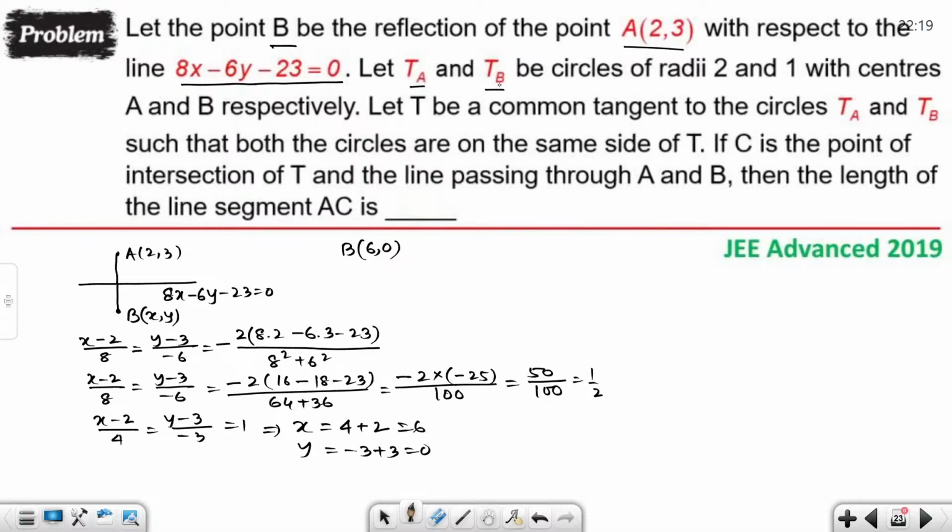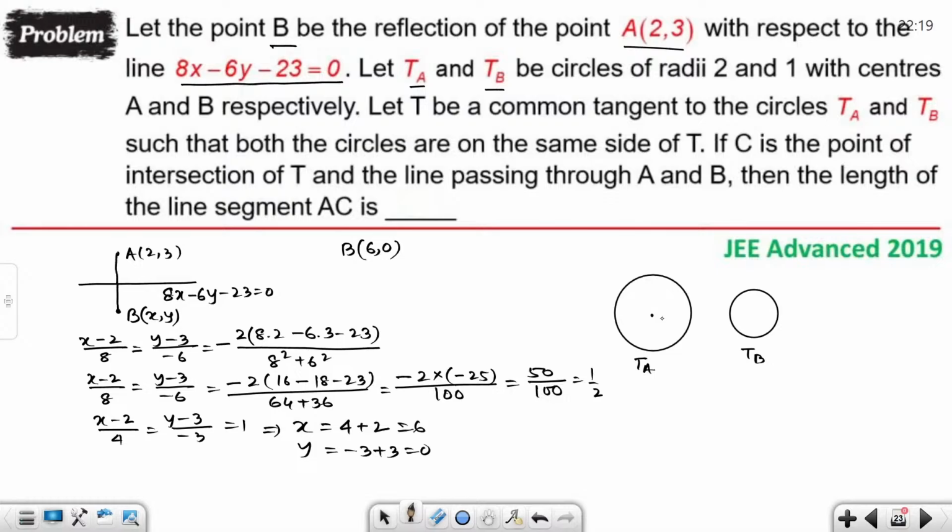TA and TB be two circles of radii 2 and 1. So let me draw these two circles here. One circle is of radius 2 units and another circle is of radius 1 unit, okay? So this is my TA circle, and this is my TB circle, right?